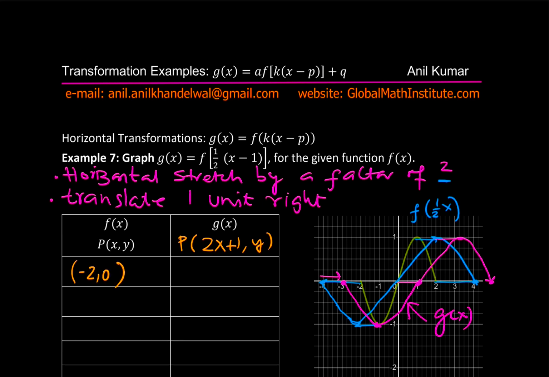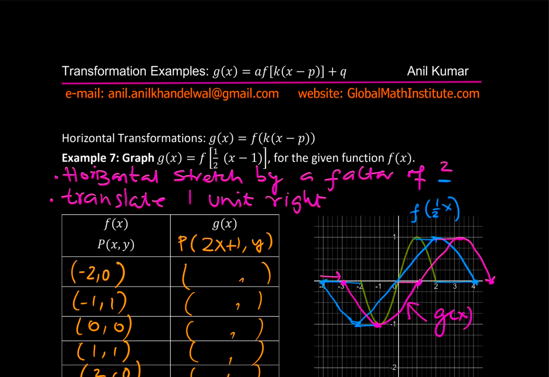Then we had minus 1, 1, and then we had 0, 0. And then we had this graph at 1, 1, and finally we had 2, 0. So the y values will remain the same and the x values will change. So let me write down the y values, which is 0, 1, 0, 1, 0.